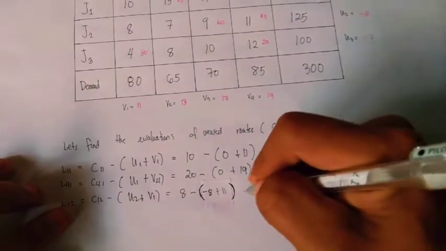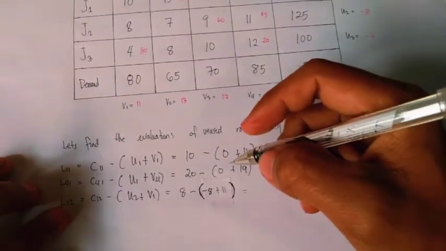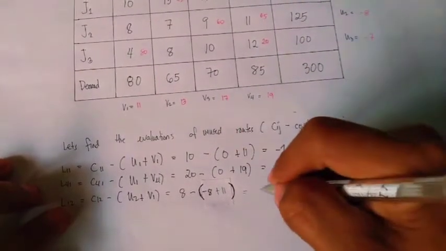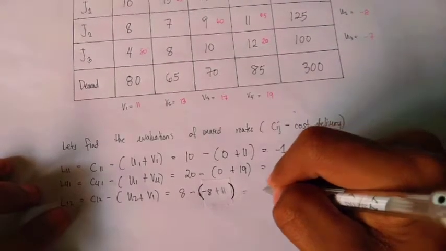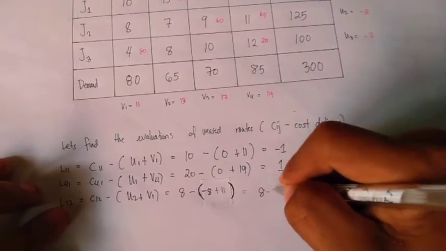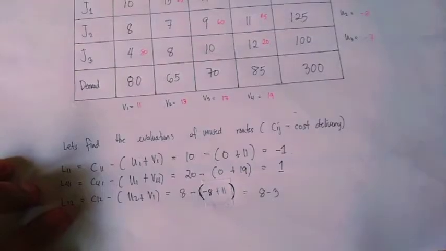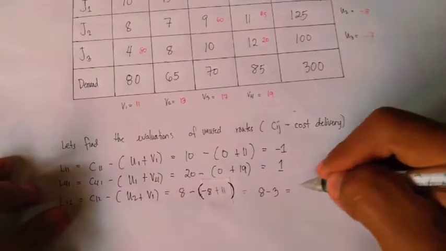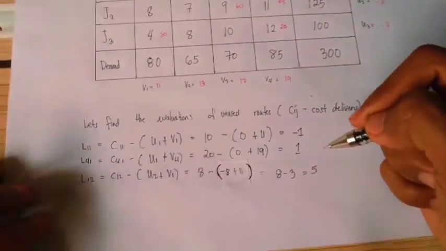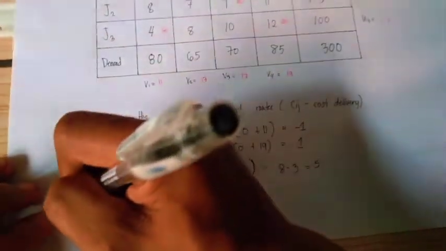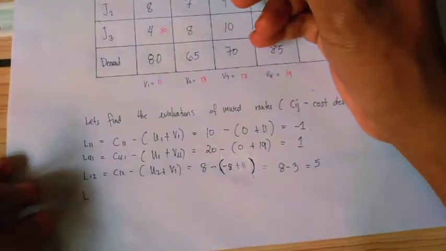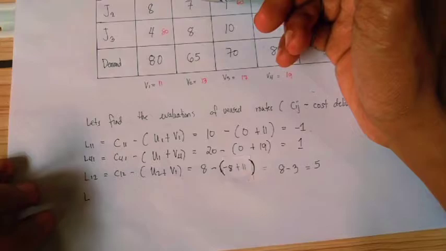So it is equal to 8 minus 3, which is equal to 5.